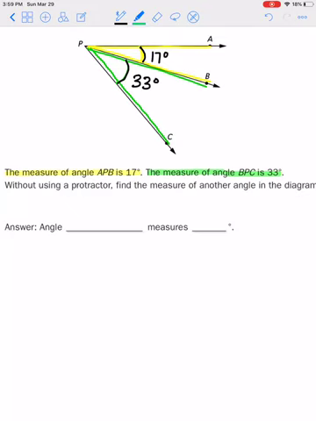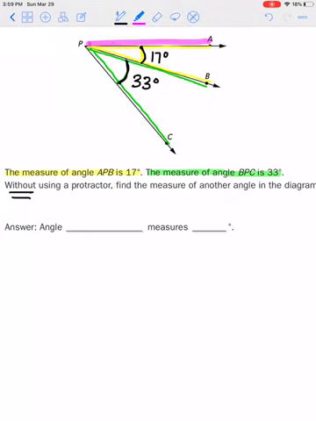It says, without using a protractor, find the measure of another angle in the diagram. So you might be thinking to yourself, I don't see any other angles here. We have this one and this one, the ones inside. But what you don't notice is there is another angle.